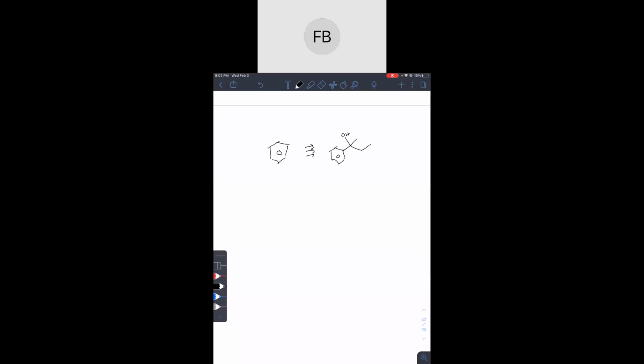What would be the Grignard that gets us there? Well, first tell me, where does the ketone belong? I feel like there's multiple syntheses for this one. Yeah, there are definitely multiple paths.